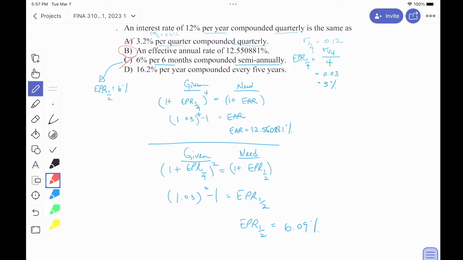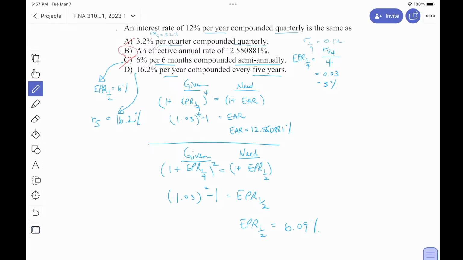And finally, you were told that in D, the rate per year compounded every 5 years, which is an R, you would write it like this. And it's per year compounded every 5 years. Should be 16.2%. All right, so how are we going to get that?